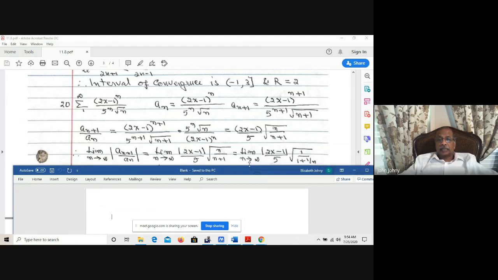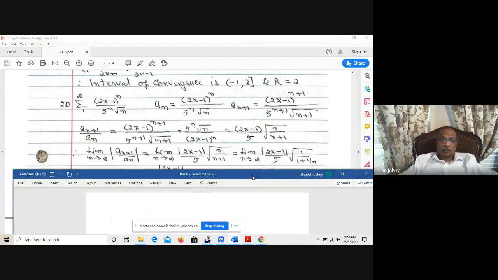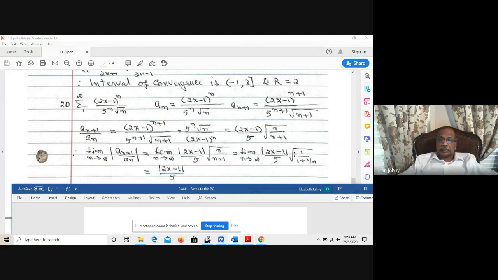You get the limit as n approaches infinity of the absolute value of (2x minus 1) over 5 times square root of 1 over 1 plus 1 over n, which is, this part becomes a 1 because 1 over infinity is 0. So this is square root of 1 over 1, which is 1. So it is the absolute value of (2x minus 1) over 5.